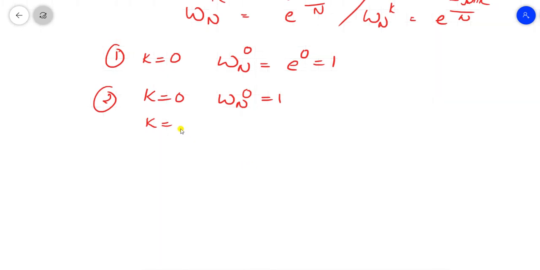So k is equal to 2 and W_8^2 is equal to e to the power of minus j 2 pi by 8 into 2, that is equal to e to the power of minus j pi by 2.